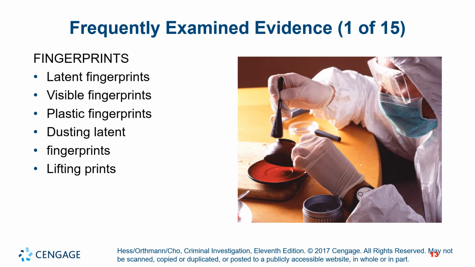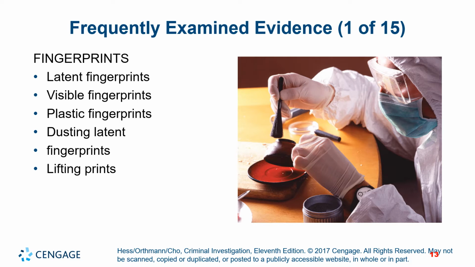Visible fingerprints are made when fingers are dirty or stained. They occur primarily on glossy or light-colored surfaces, like I just mentioned, and they can be dusted and lifted. Another form of fingerprint is what's called plastic fingerprints, and this is one form of visible print. They're fingerprint impressions that are left in soft substances such as putty, grease, tar, butter, or soft soap like bar soap.